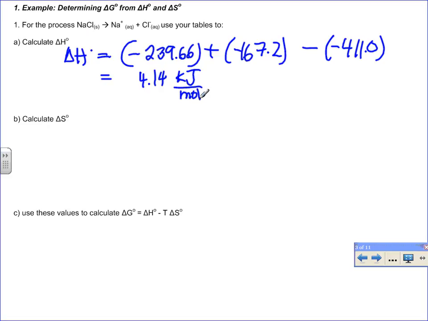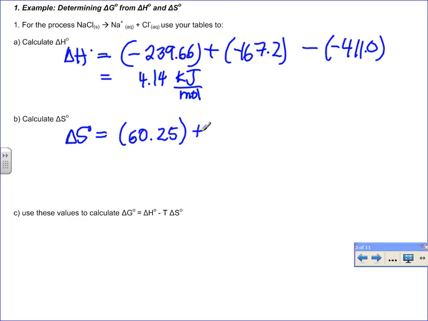So as expected, dissolving a salt is an endothermic process. Recall that for dissolving salts, sometimes they're exothermic and sometimes they're endothermic. It depends on the lattice energy of the salts and the amount of energy that's released when the ions interact with water.